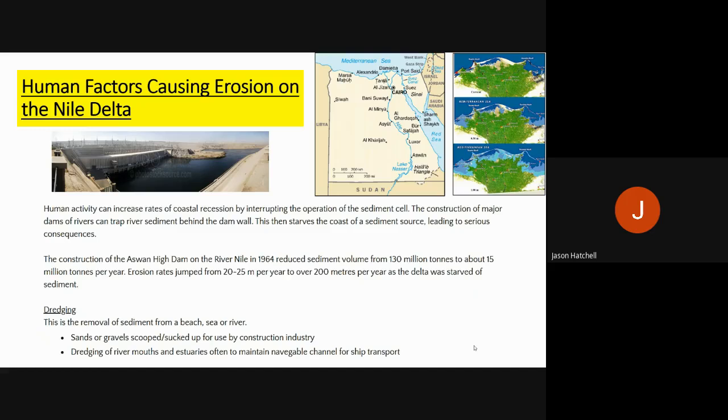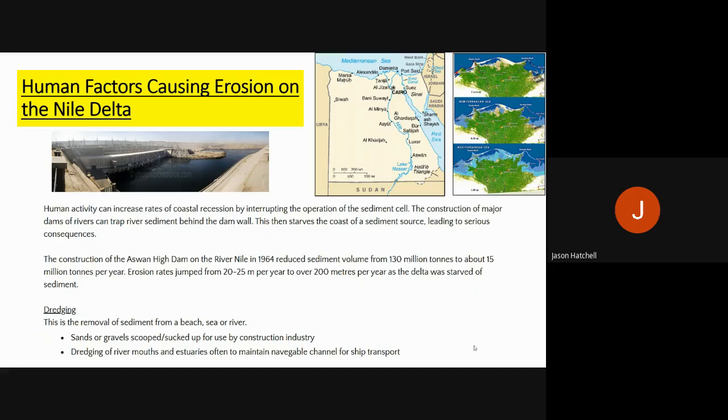That starves the coastline of the sediment it usually gets through natural processes. And if there's not enough sediment being added to the coastline along the Mediterranean Sea, the coastline is retreating, moving back further and further. The Aswan Dam is the example, built in 1964 on the River Nile, and it holds back around 15 tons of sediment a year.